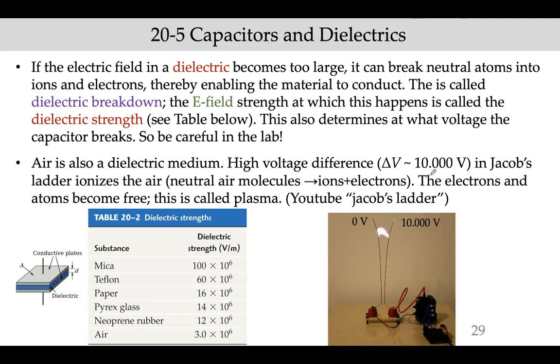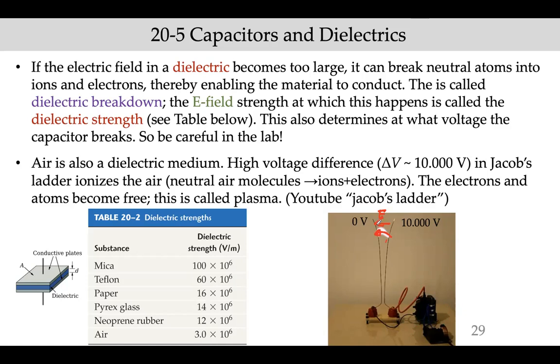Because of this high voltage, you can think of it as creating an electric field from high voltage to low voltage. The electric field separates the electrons from the positive ion cores. When that happens, you see these electric arcs between the terminals.